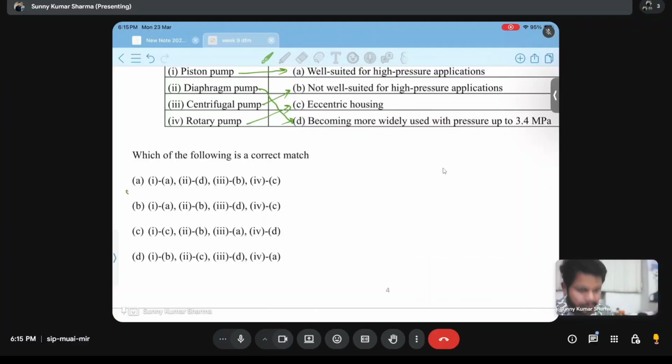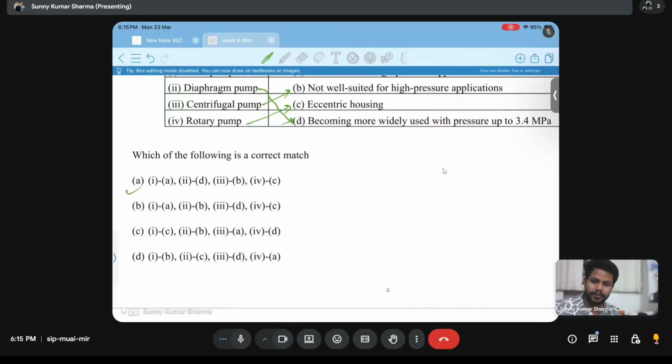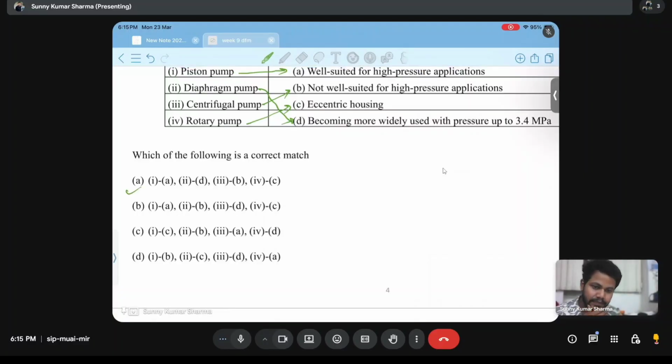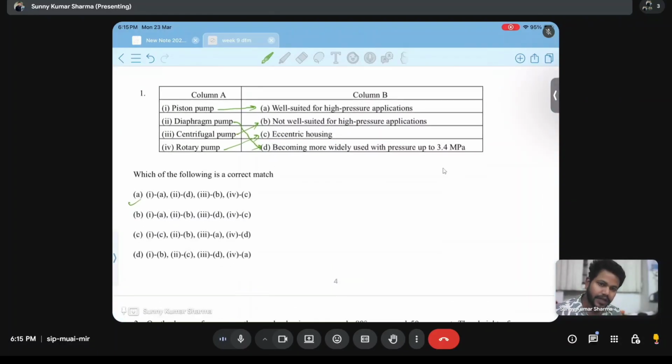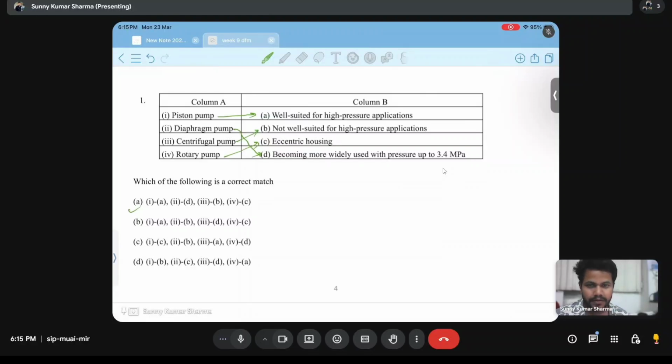Sir, I have a doubt in this question for the 2026 assignment, week 9. In the first option it is given 1C, 2D, 3B and 4C again. 1A is not there, 1C is given.